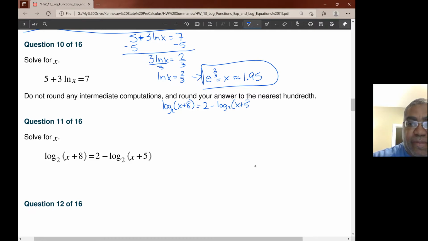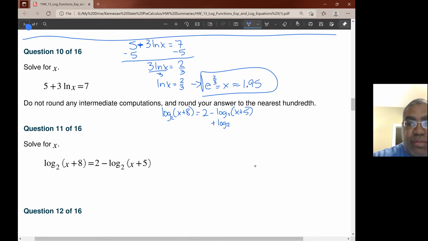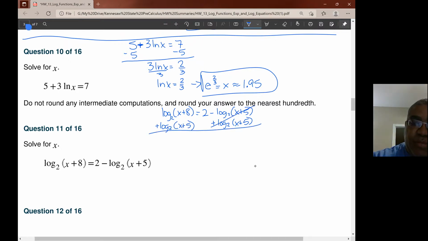X plus 5. Add this to both sides. Plus log base 2 of x plus 5, and end up with log base 2. I'll do the intermediate step, even though I don't think it's necessary.